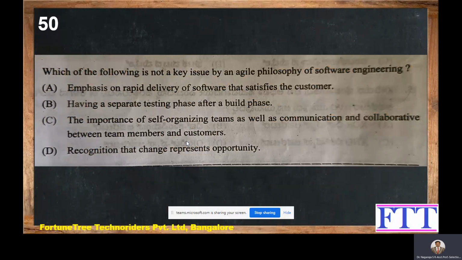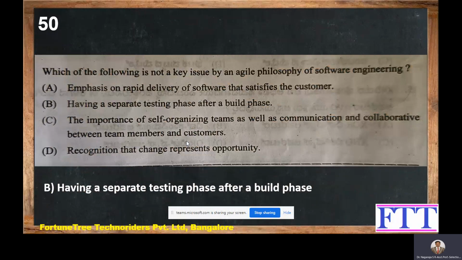Option C, the importance of self-organizing teams as well as communication and collaboration between the team members and the customer. Option D, recognition that change represents opportunity. So the right answer is option B, having a separate testing phase after a build phase.